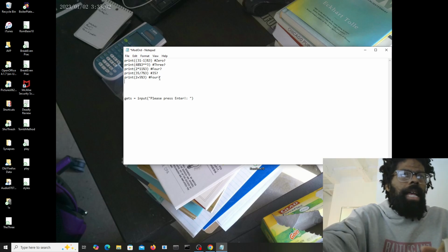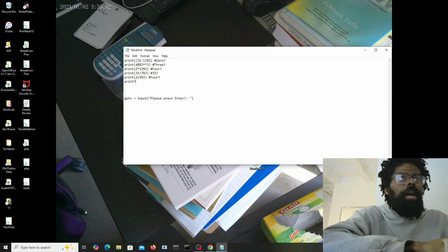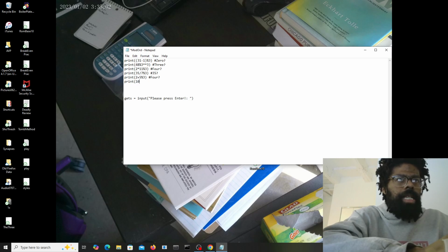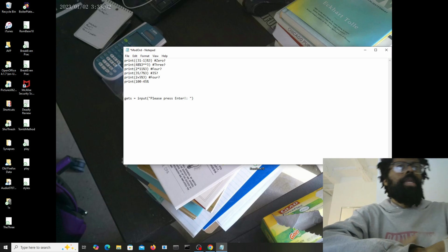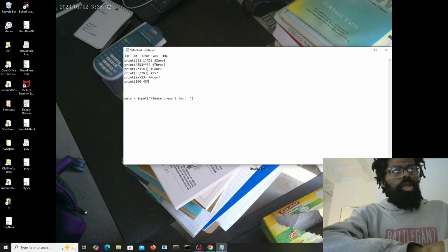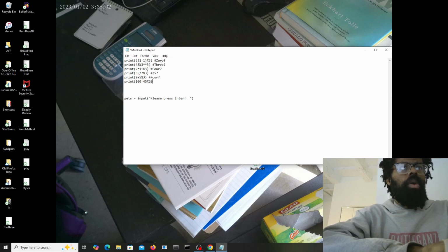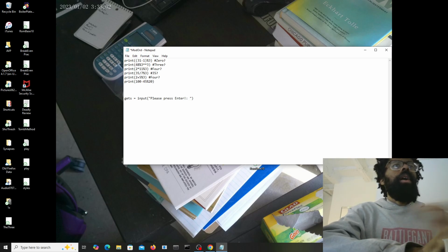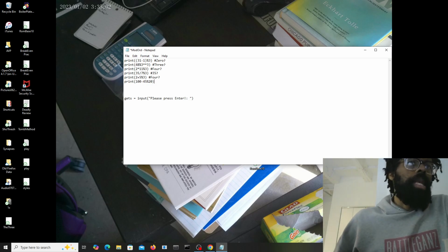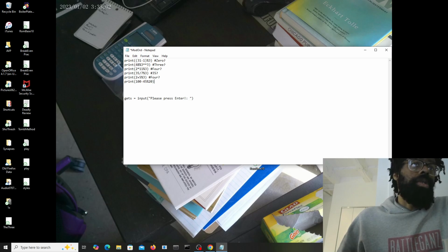And subtraction. Print 100 minus 45 modulo 20.